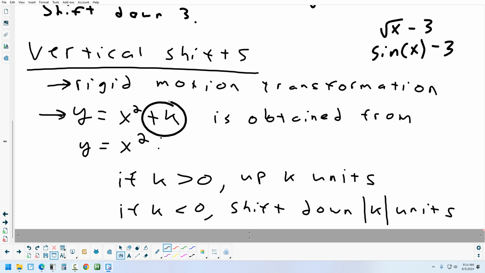If it's greater than 0, it's going to shift up. If it's less than 0, it's going to shift down. Now I put absolute value of k units because if you put like a -3, don't say that it shifts down -3. Down is the negative. So it either is up 3, down 3. But the number itself is always positive.